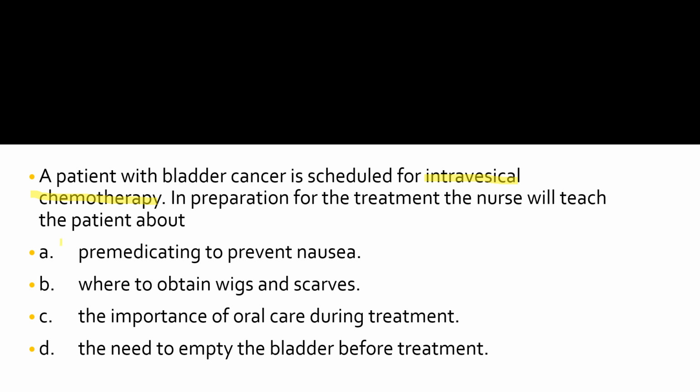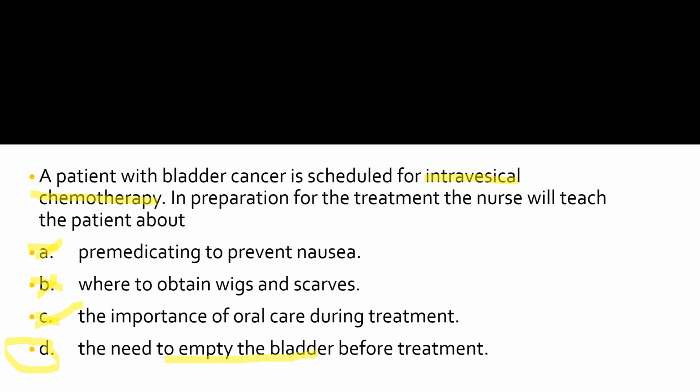So are they going to get nauseous? No, this is not going to happen. They're not going to have any systemic effects during this. So all of these are incorrect. If you look, these are all systemic effects, and all three answers are systemic. This one is simply, we need to make sure we empty the bladder before treatment.